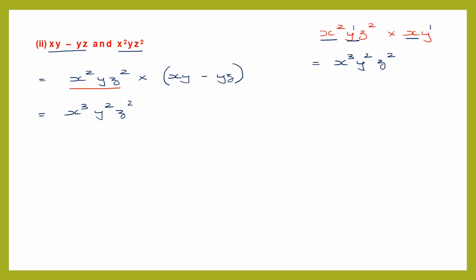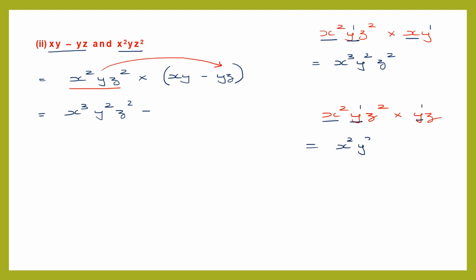Then let's write the sign, that's minus, and now multiply this with the second term. So x square y z square into y z. Now let's look, x square, there's only one x square this side, that side we don't have an x, so this will remain as x square itself. Here we have 1y and here also we have 1y.